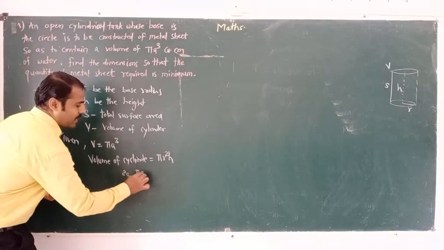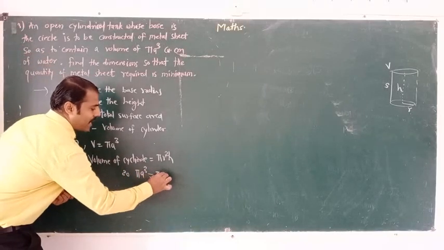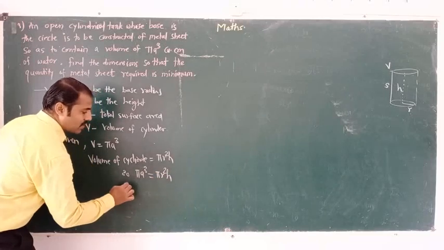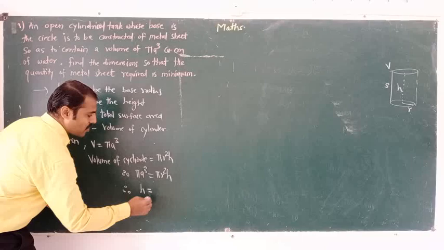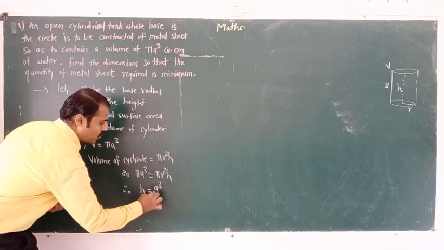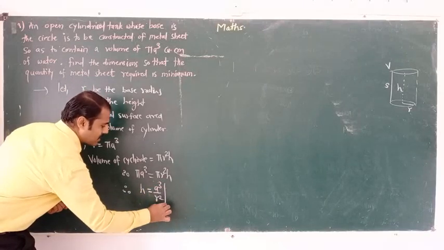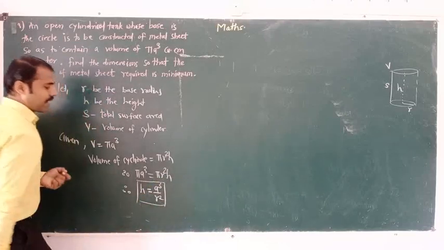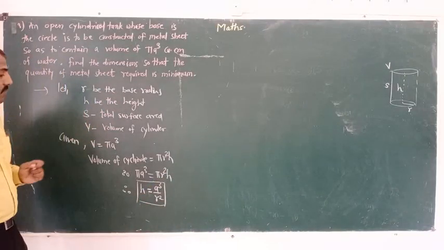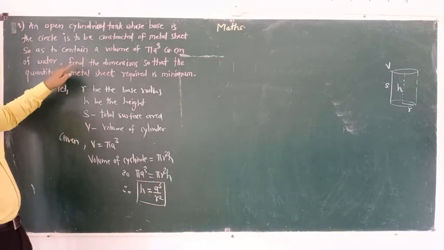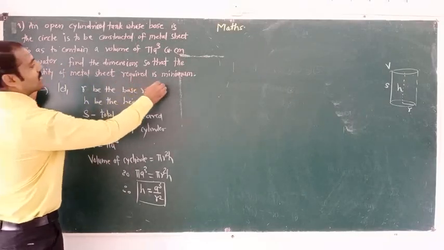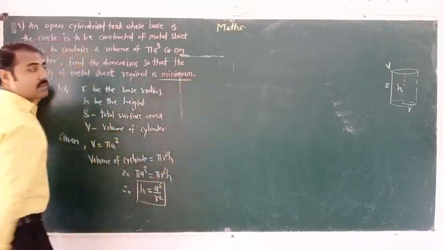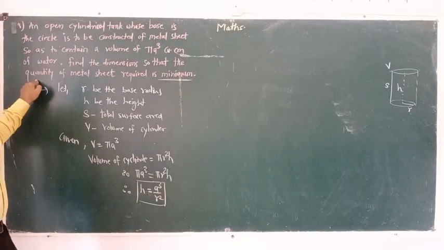Therefore, pi a cube is equal to pi r square h. Pi gets cancelled. I can find here h in terms of a and r: a cube divided by r square. Here I got a relation for h. But find the dimensions so that the quantity of metal sheet required is minimum. This is clearly an example on maxima and minima.